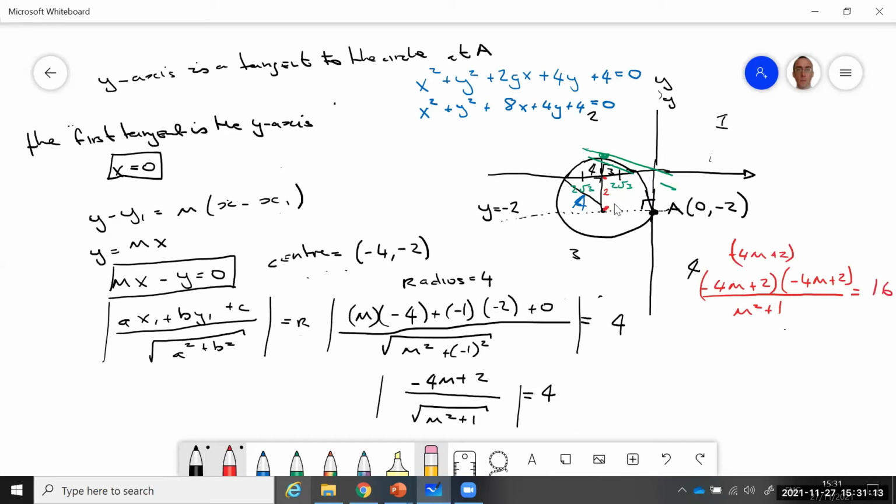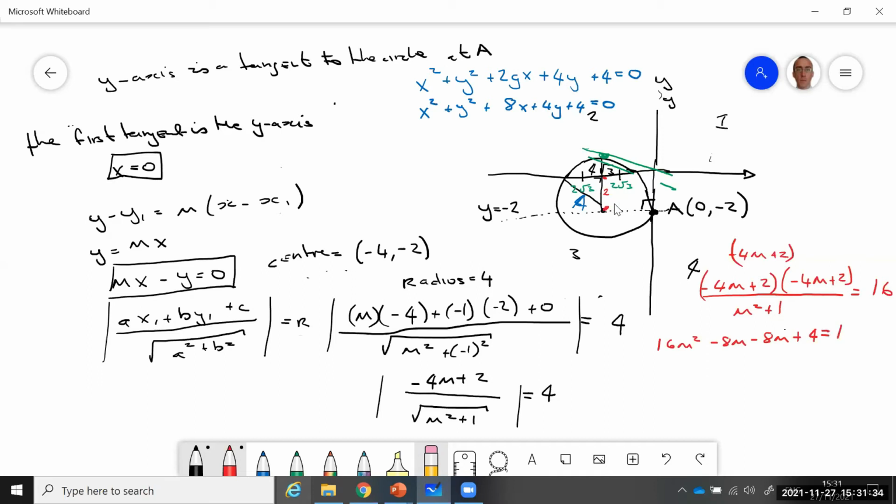Let's multiply this out. So minus 4m by minus 4m is 16m squared, and minus 4m by plus 2 is minus 8m, and the same again for the other cross term, and positive 2 by positive 2 is plus 4.